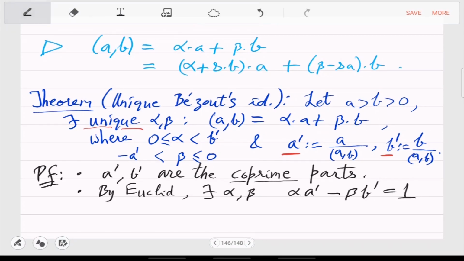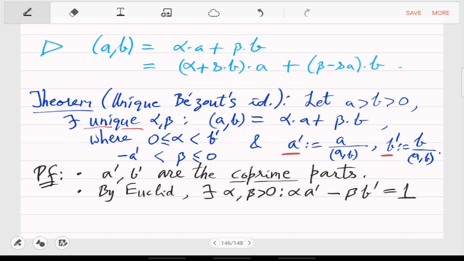This you can deduce, right? So by the extended Euclid GCD algorithm, you have this alpha beta. The linear combination has to be the GCD, which in this case is 1.